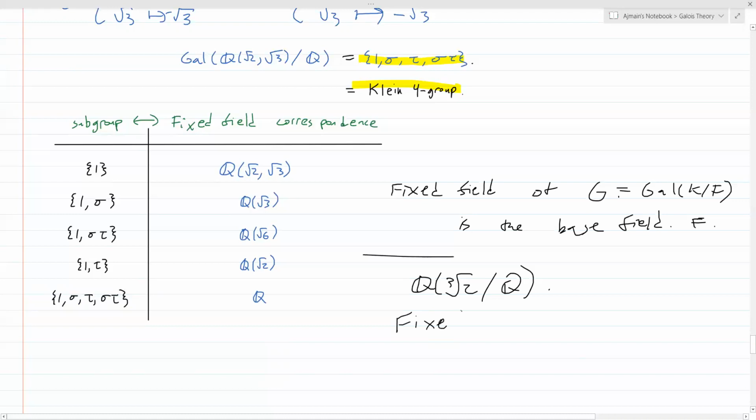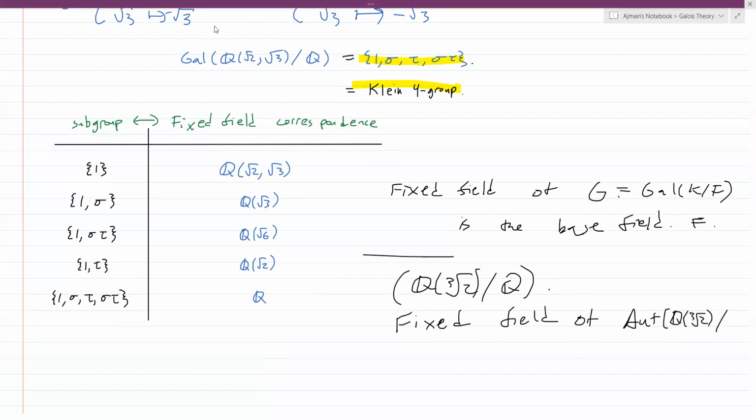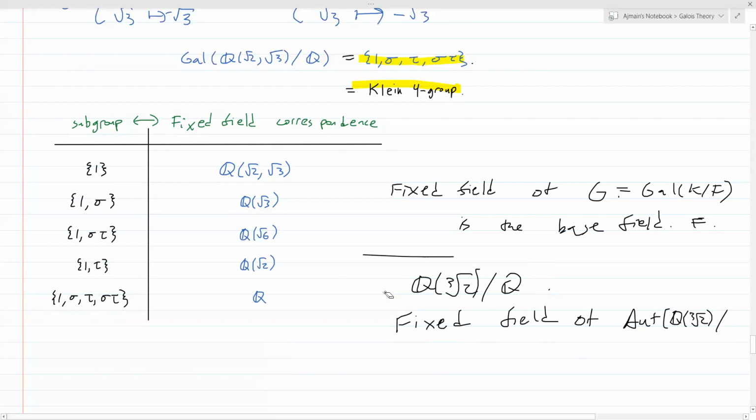The fixed field of the automorphism group of Q adjoin cube root of 2 over Q. Okay, the automorphism group is just the identity. So the fixed field is actually the whole extension, Q adjoin cube root of 2.